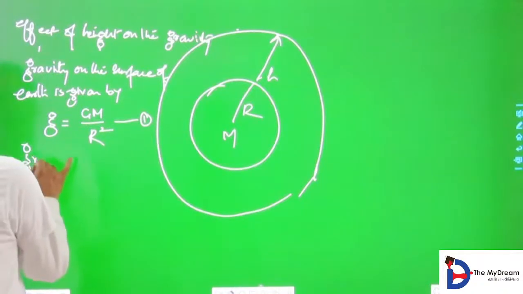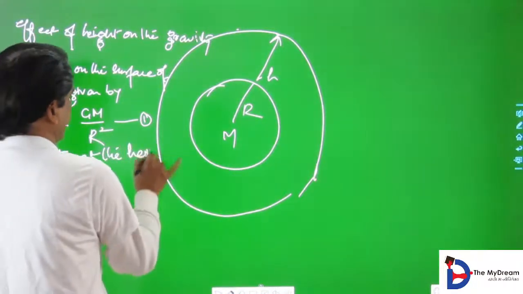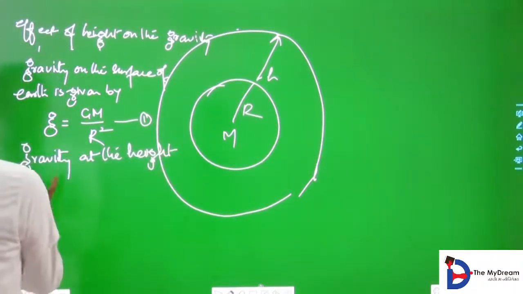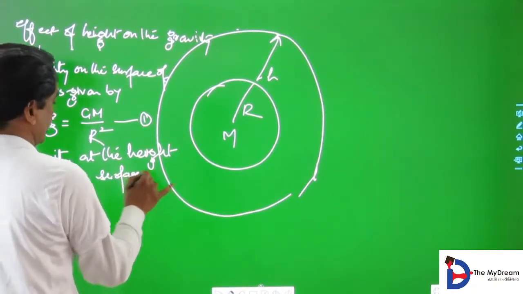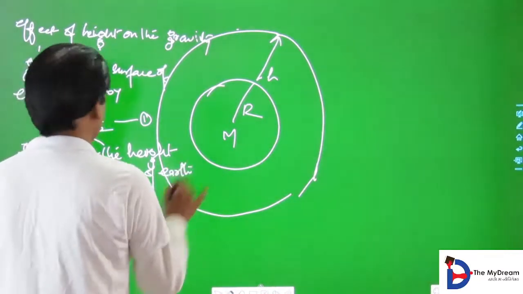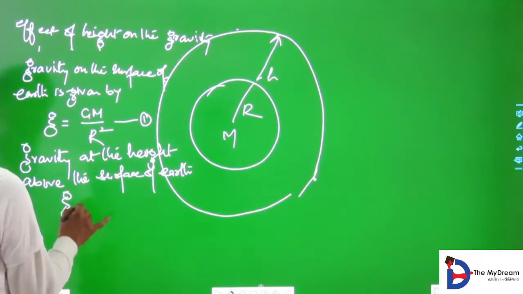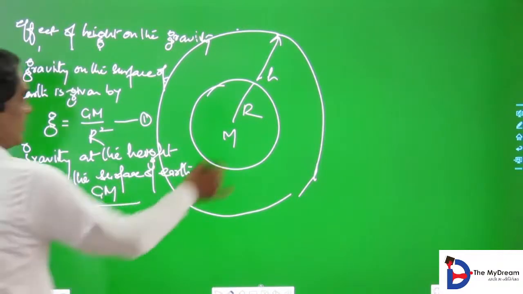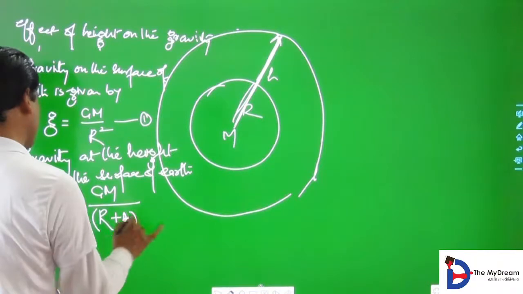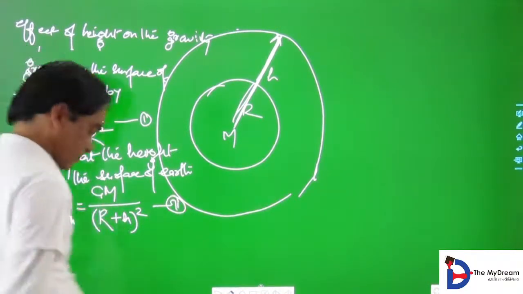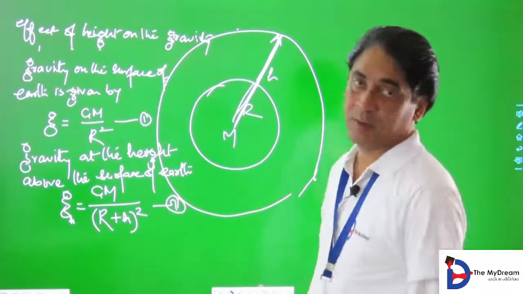Gravity at the height h above the surface of Earth, G H, GM by distance कितना है, that is R plus h. Gravity at the height h, that is gm by r plus h whole square.